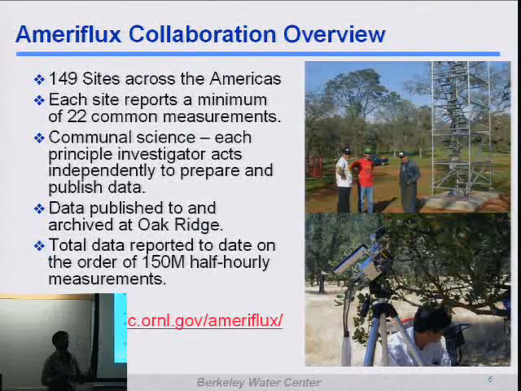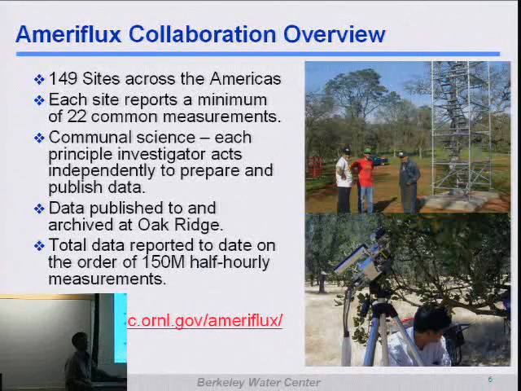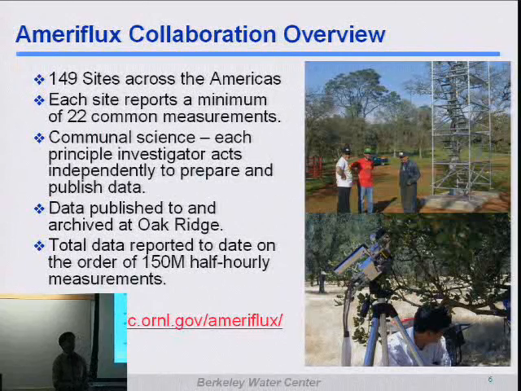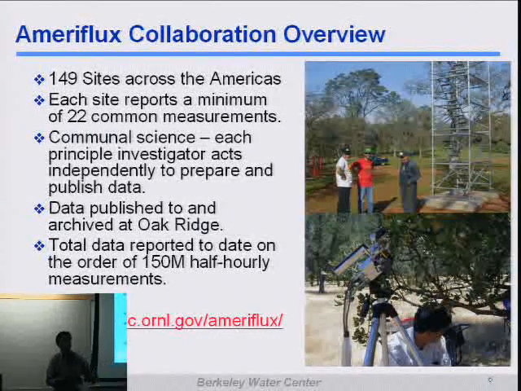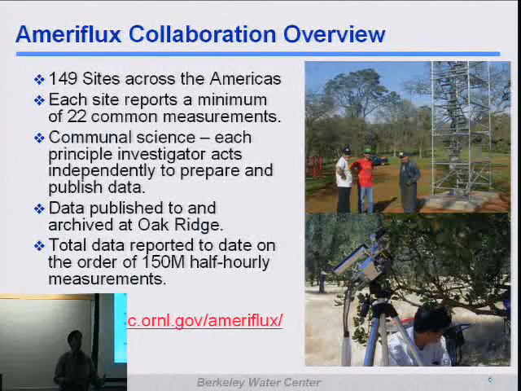So what they've done is they've brought together this community of these towers. They've published the data. Oak Ridge National Laboratory is hosting the database that has all the Ameriflux data. And at this point in time, they have about 150 million data points. The data starts as early as 1991. The reality is from 91 to 94, there's only one site reporting.